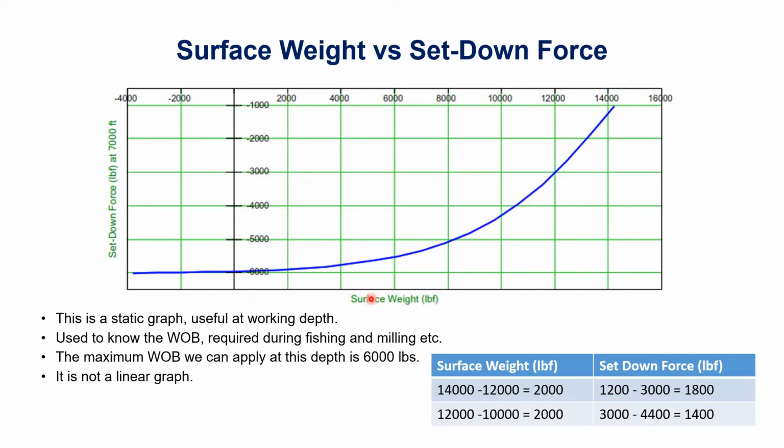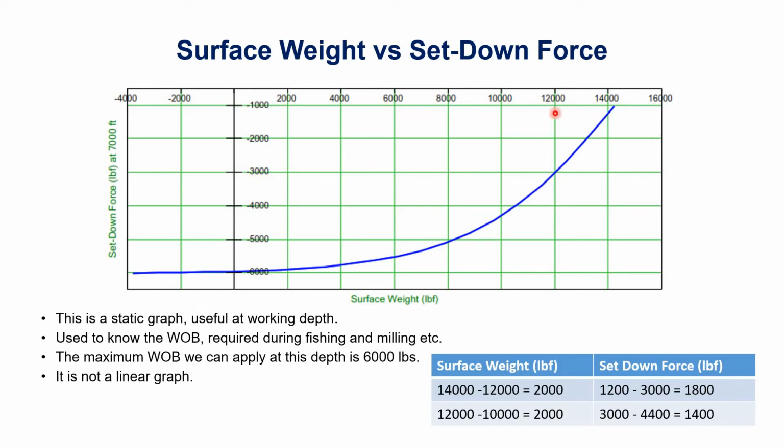On the x-axis we have surface weight and on the y-axis we have set down force. For example, when our surface weight, that is the weight indicator reading, is 14,000, approximately 1,000 slack off will be on the bit. Now when we decrease the weight from 14,000 to 12,000, it means we have dropped weight on the bottom, so the weight on the bit will be 3,000.